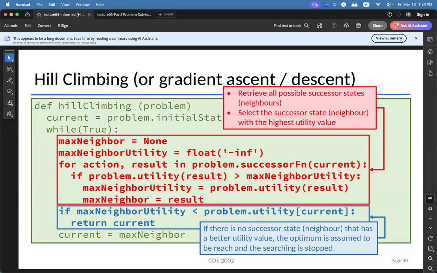You start from an initial point, check the points around it, and move to the one with the highest objective value. I repeat this until I get to a point whose neighboring states do not have an objective value bigger than the value I have right now.